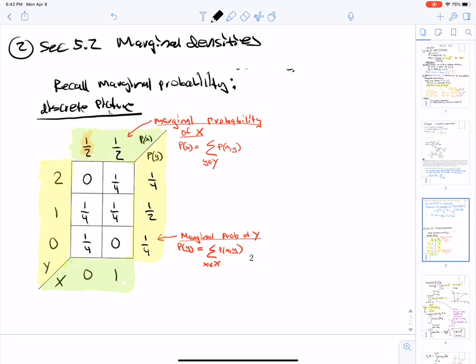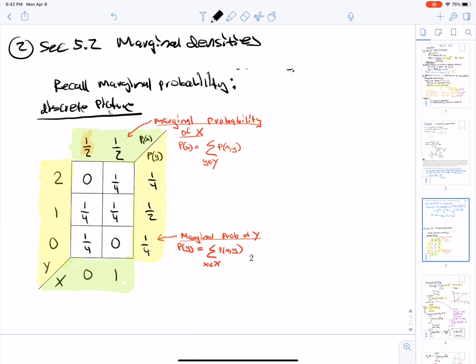Moving on to marginal densities, let's recall the discrete case. For the marginal probability of X, we can get it from this table by fixing x, which here takes value 0 or 1. So if x is 0, the probability that X is 0 is the sum of the joints with x equal to 0.